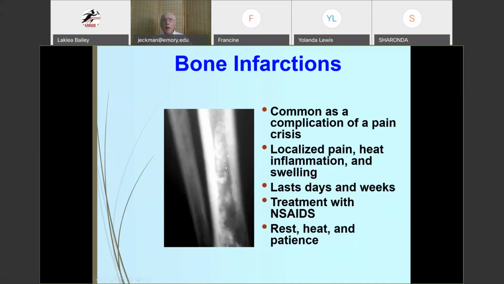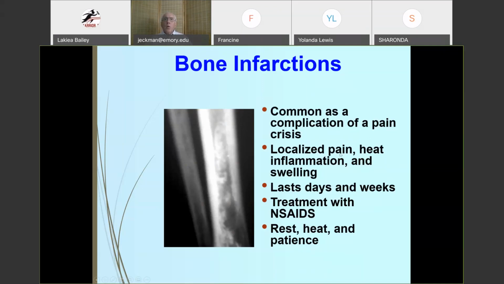That's what this white stuff is here. That's resulting because the blood supply was compromised or stopped for a longer period of time, and the bone is actually damaged. This is called a bone infarction, and this is really important to recognize because it is a fairly common complication of pain crisis.